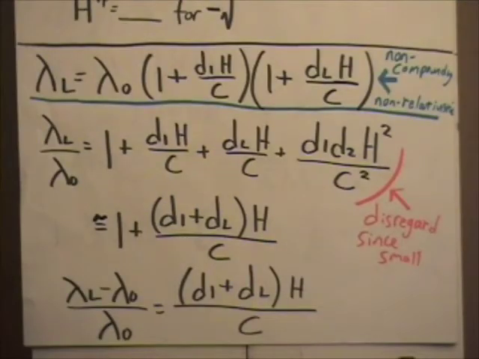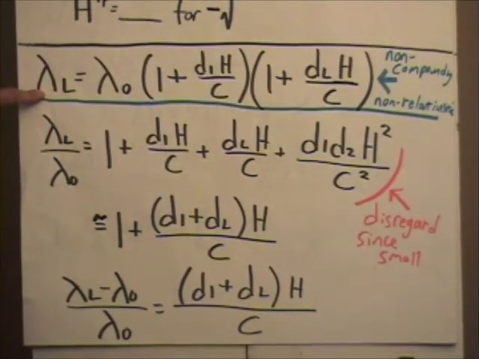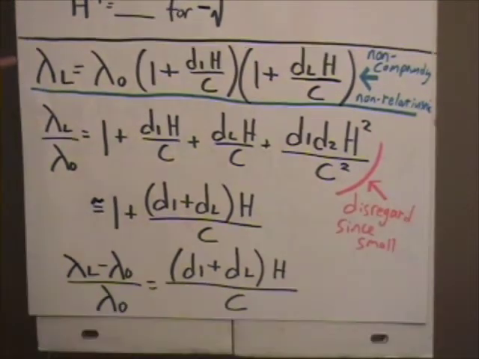Now let's move on to converting the non-compounding, non-relativistic formula into that quadratic equation. I'll do this pretty quickly, so it's hopefully not to bore you.